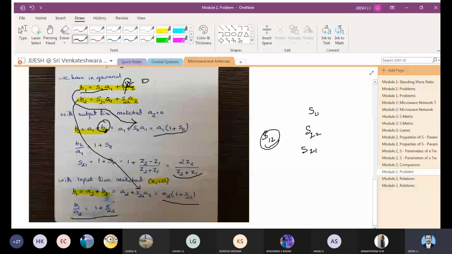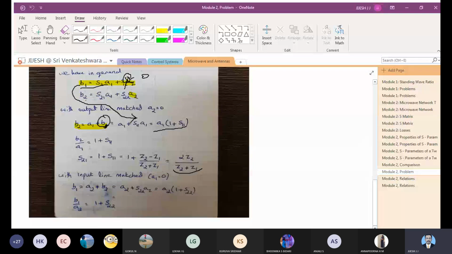Once you got B1 by A2 is equal to 1 plus S22, let me know what is B1 by A2. As I have already discussed with you, B2 by A1 is S21. What is B1 by A2? If you are not remembering, go back to your notes and see what is B1 by A2.